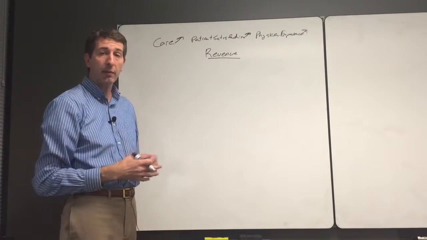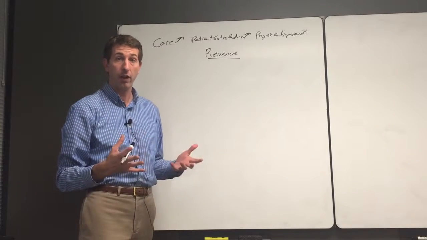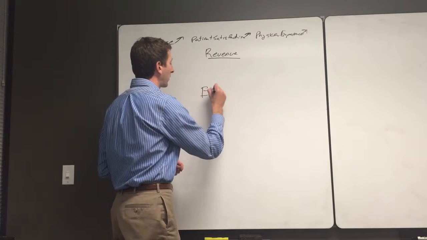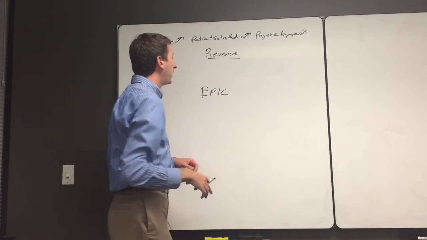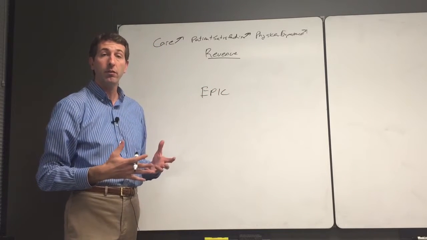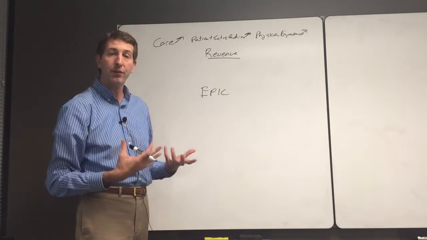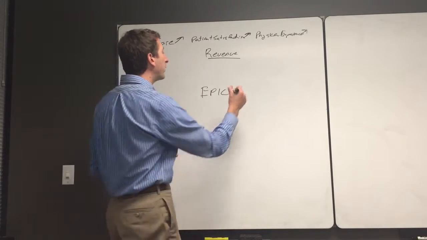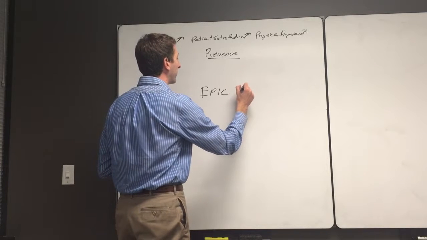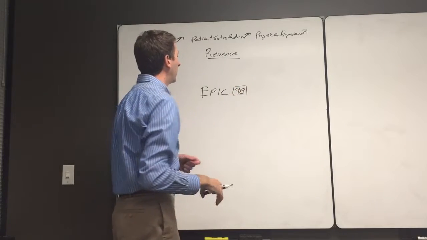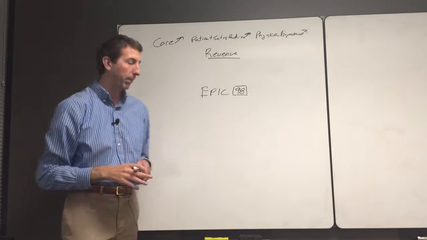So the most important application in a healthcare system is the electronic medical record system, in this case, Epic. And as we use metrics to determine the health of patients, we would also like to use metrics to determine the health of Epic. So what is health?